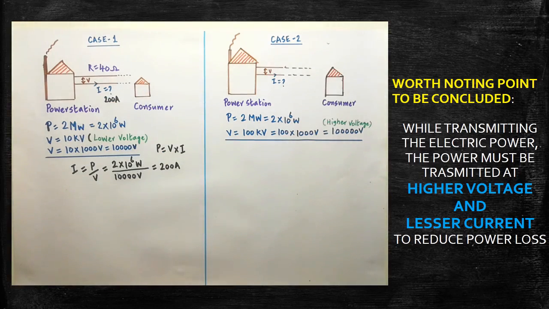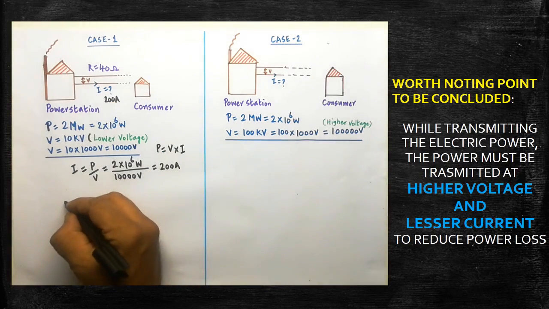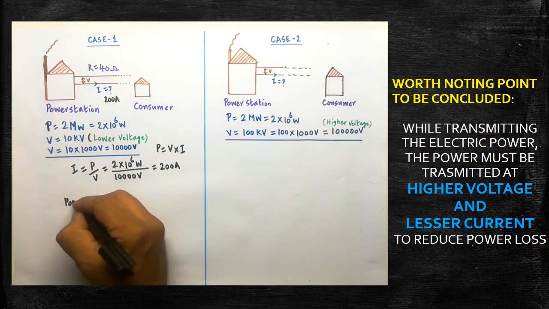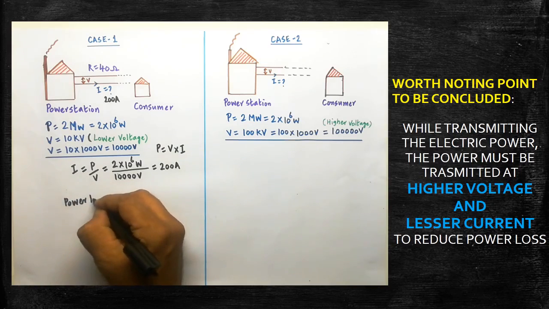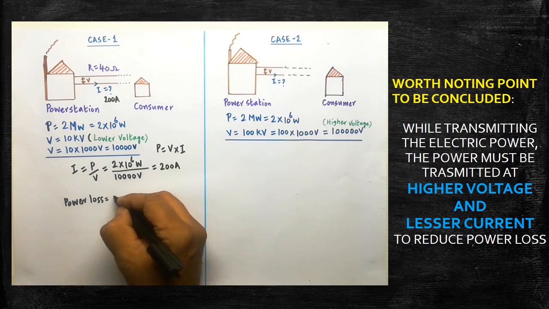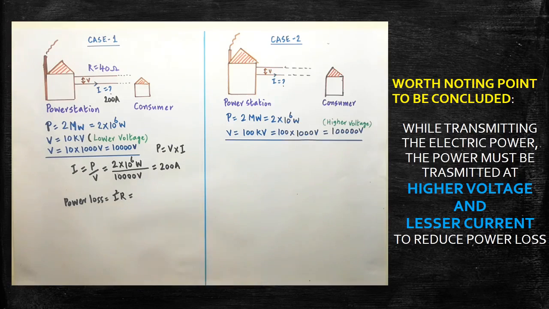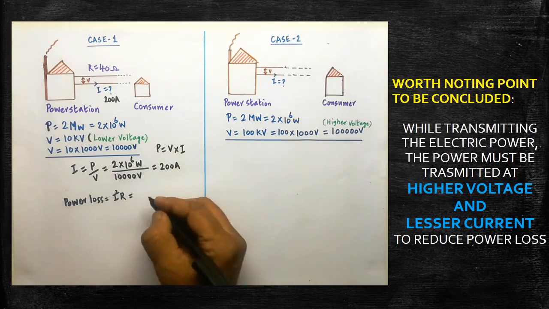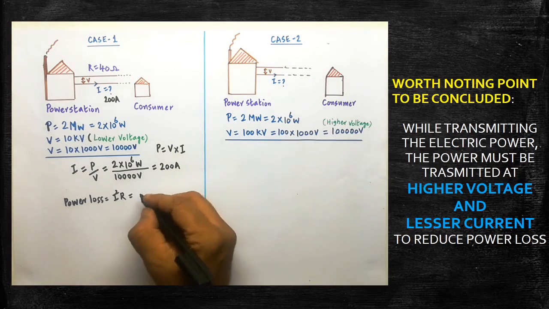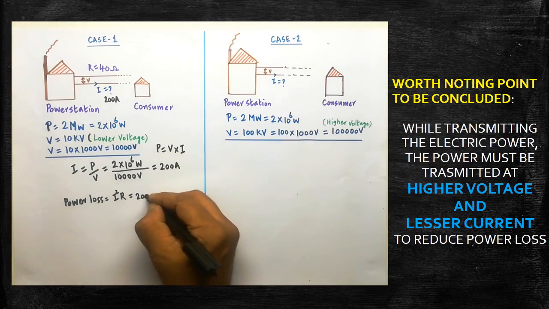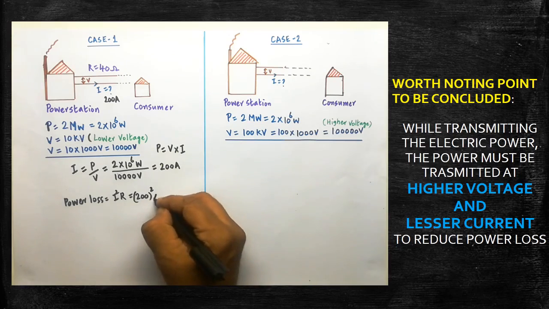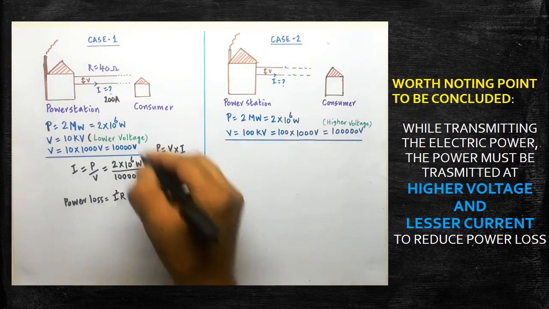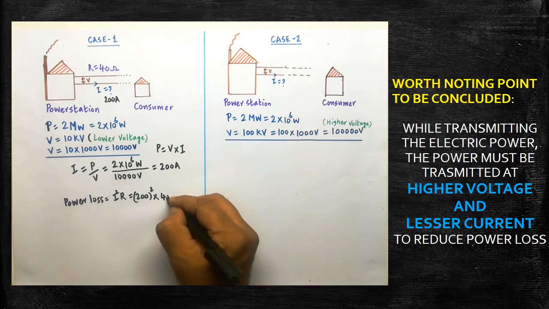Are you clear? Now we have to calculate the power loss. To calculate the power loss, what is the formula? The formula is I square R. I square R is the formula for power loss. We know the value of current, 200 square, into the R value, 40 ohm. 40 ohm is the resistance of the cable.